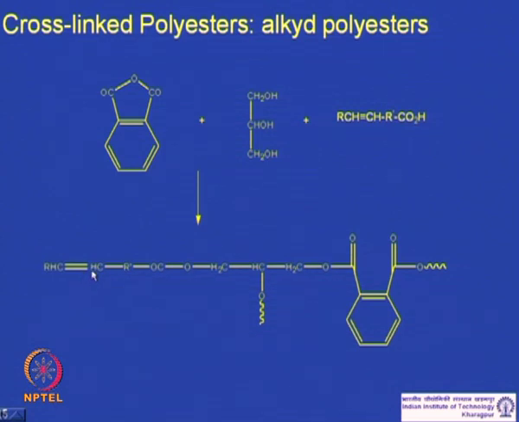So, in the first stage you do a step polymerization to synthesize this, and then you can do a second step of chain polymerization either by oxidizing this or using other methods. So, you can cross link these unsaturated polyester chains and make a cross linked network.